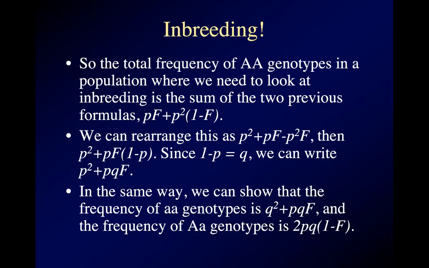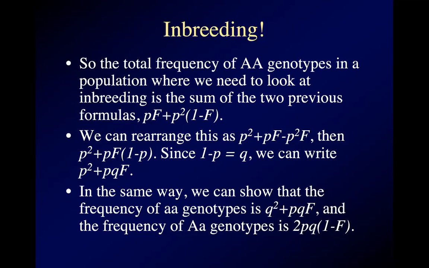So if there is significant inbreeding going on, then the frequency of big A genotypes is p squared plus pqf. The frequency of little a genotypes is q squared plus pqf. And the frequency of heterozygotes is 2pq times 1 minus f, which you can expand as 2pq minus 2pqf.